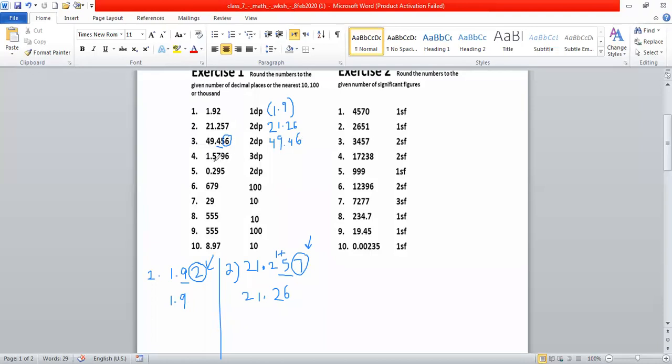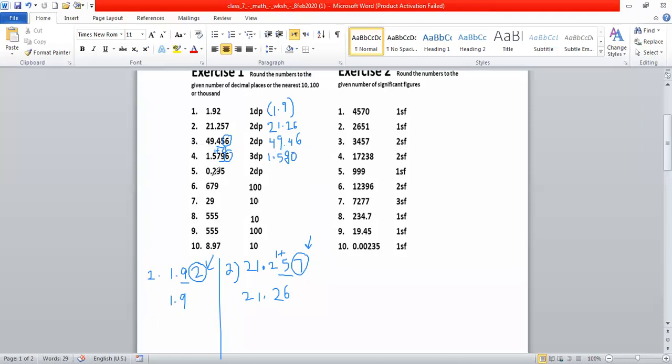Okay, now 3 decimal places, 1 2 3, this would be circled. So 9 plus 1 is 10, so 0 as it is. 1 plus 7 is 8, so 1.580. So to 3 decimal places our answer has come.